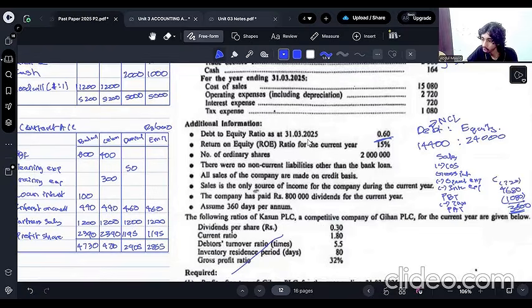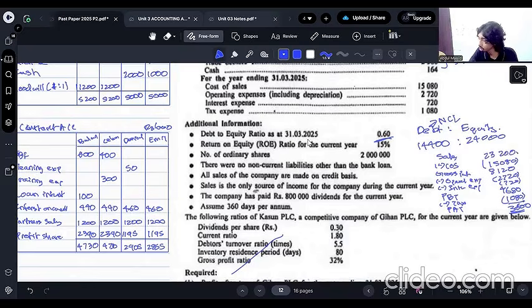operating expense is 2,720. Then if you reverse and go, gross profit will be 4,680 plus 720 plus 2,720. That will be 8,120. Now cost of sale is 15,080. Then when you reverse it, 8,120 plus 15,080, sales will be 23,200.